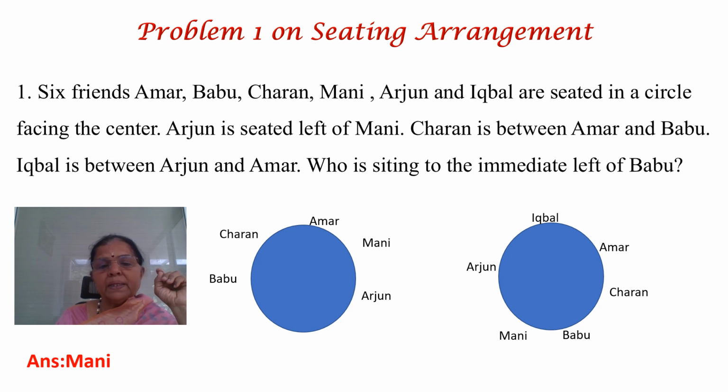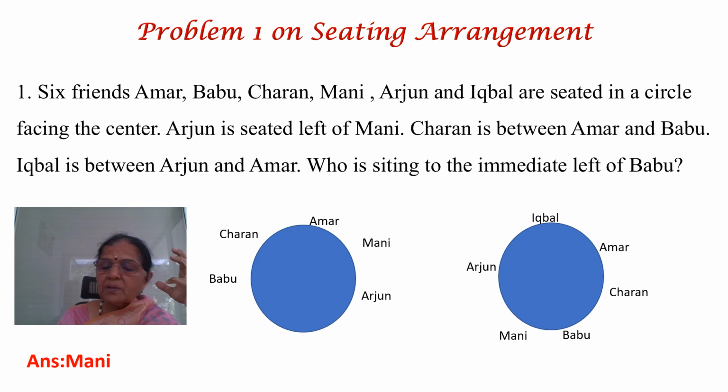And one thing you should do is fulfill all the 3 statements given. You cannot just fulfill 2 of the 3 and ignore the third one. Then you will get a different answer, which is a wrong one. And in many cases, you may have to draw the circle, you have to do the problem again, the second time.